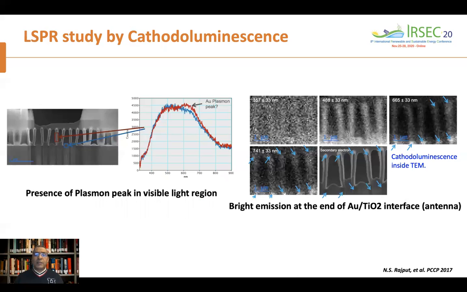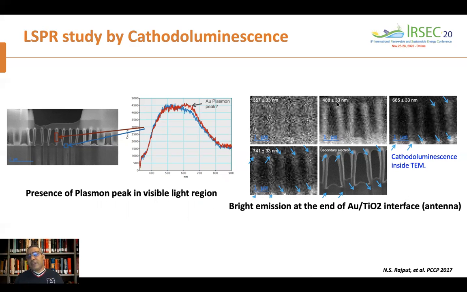So how about the LSPR activity? To check that, we use cathodoluminescence. This consists of shining on our structure and seeing if there is any antenna, and to correlate the observed antenna, which is a signature of LSPR activity at the interface between the gold and titanium dioxide, with the wavelength.